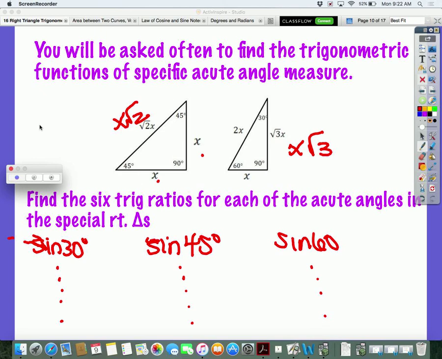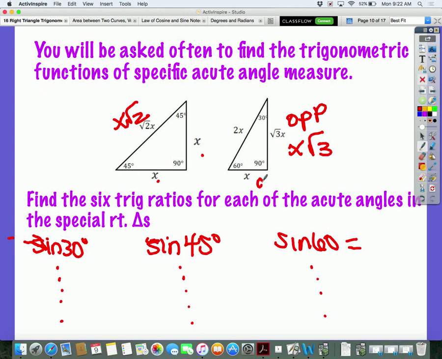You guys are finishing this up for your homework, but just to make sure that you're good, let's take a look at sine 60. Here's 60. This would be my opposite side, this would be my adjacent, and this would be my hypotenuse if I was doing the sine of 60 degrees.